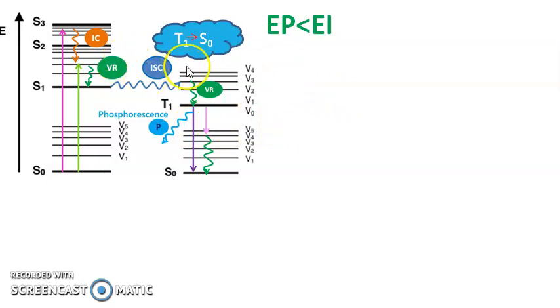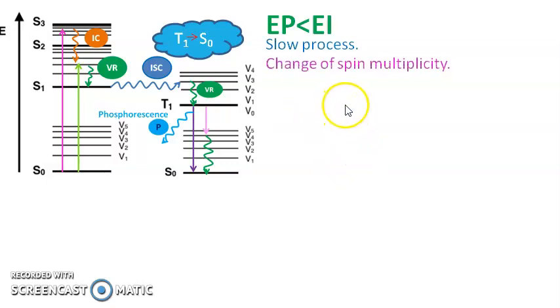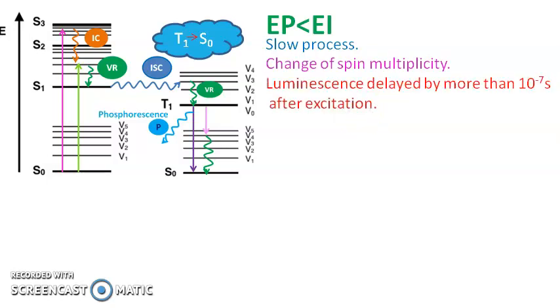Since there are a lot of pathways to be crossed, this is a slow process, and one of the reasons is the necessity of change in spin multiplicity. Another very important factor is that the luminescence is delayed by more than 10⁻⁷ seconds after excitation. That's why it's a slow process.